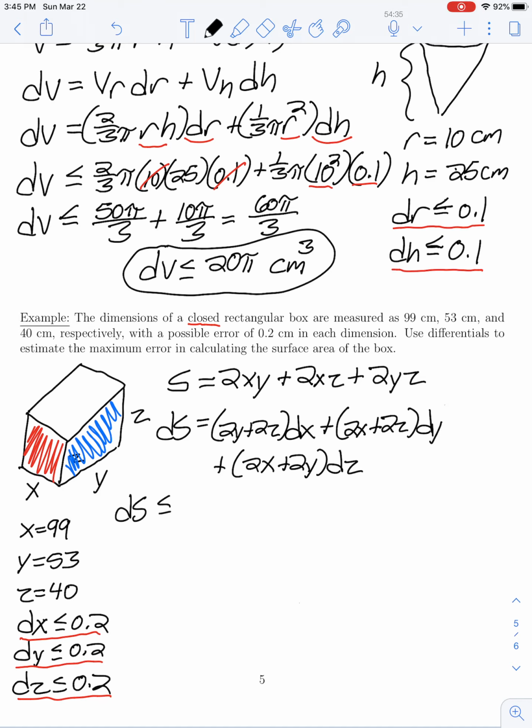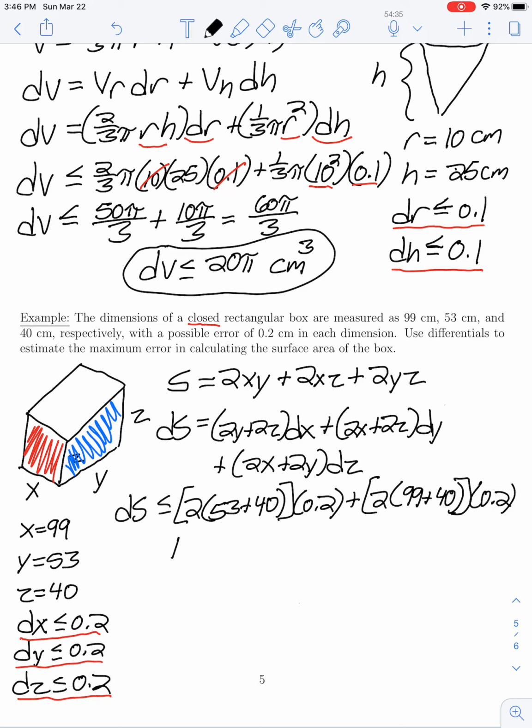So here, if we substitute our values for x, y, and z, along with these maximum values for the differentials into the expression we just found, well, we have 2 times y plus z, so 53 plus 40, times the differential dx, which was at most 0.2, plus for this next term, we can factor out our 2. We have x plus z, or 99 plus 40, times the differential of y, which was at most 0.2.